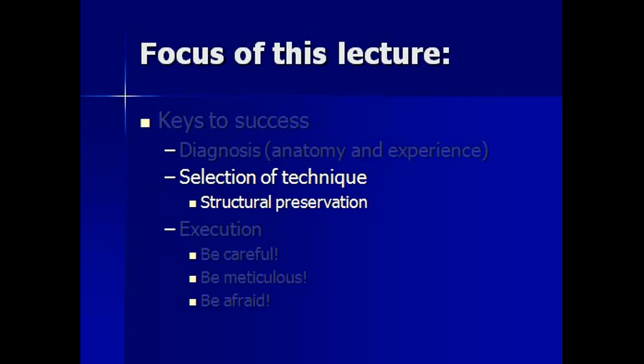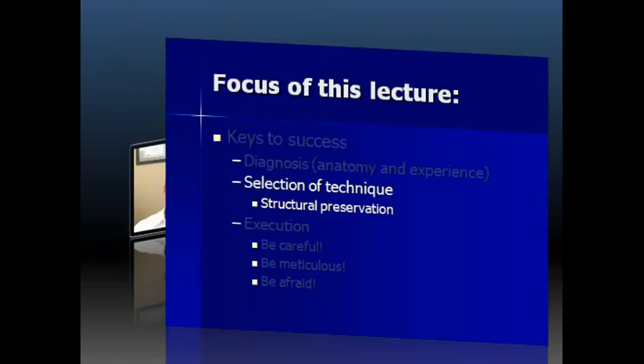The focus of the remainder of this lecture is going to be about some of these techniques. And the key to the selection of these techniques is structural preservation. That absolutely is the most important thing in structural rhinoplasty. The remaining parts of this video blog are going to be more details about some of these techniques, highlighting some of the principles of structural rhinoplasty.